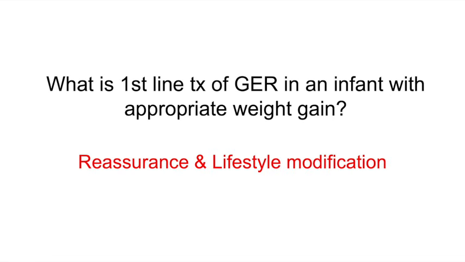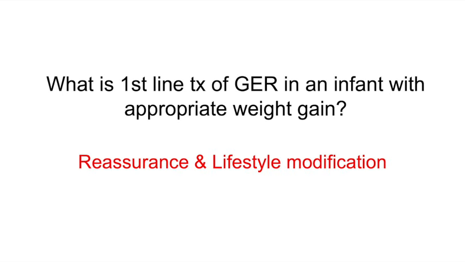It's important to note that GER has peak symptoms at 4 months and self-resolves by age 12 to 18 months. H2 receptor antagonists like famotidine are indicated in patients with GERD who have poor weight gain, irritable despite lifestyle modifications, or a trial of a diet free of cow's milk.